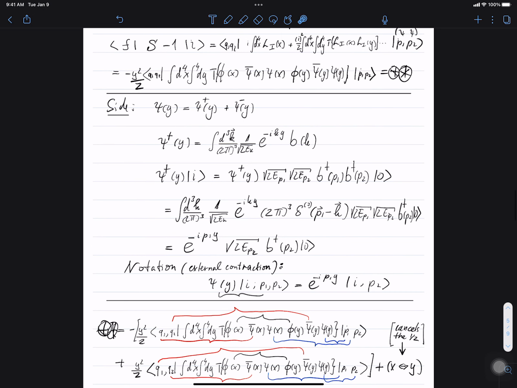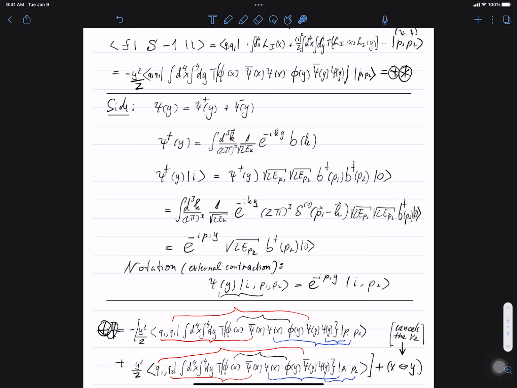Another side note that we need to evaluate it is that we can do an interesting game also with the psi fields. We can decompose it in its positive frequency mode and negative frequency mode, where here we have annihilation operators and here we have creation operators. Here I've written them down for you again.